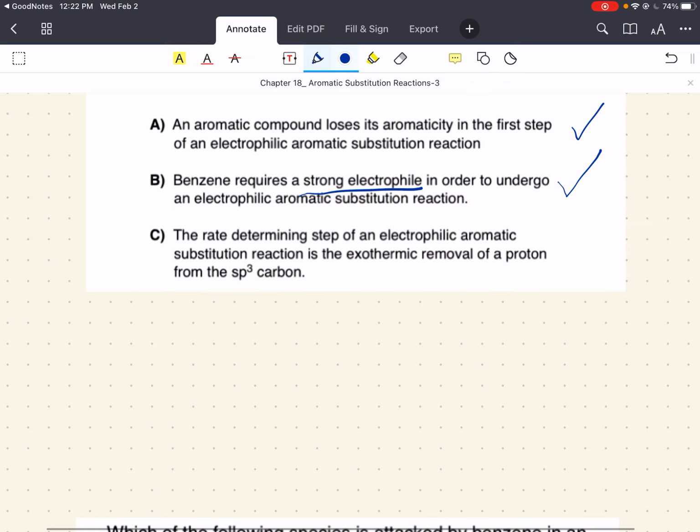All right. C says the rate determining step of our electrophilic aromatic substitution reactions is the exothermic removal of a proton from sp3 carbon. So our electrophilic aromatic substitution reactions have 2 major steps: nucleophilic attack and then proton transfer.